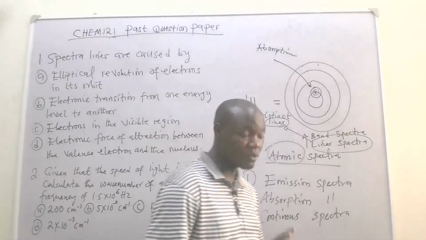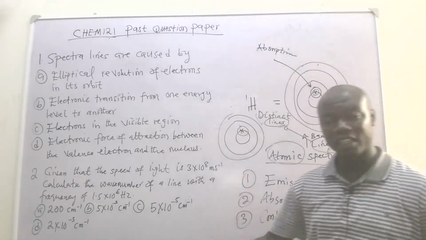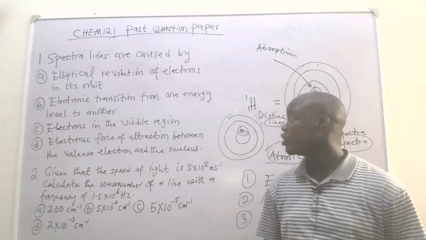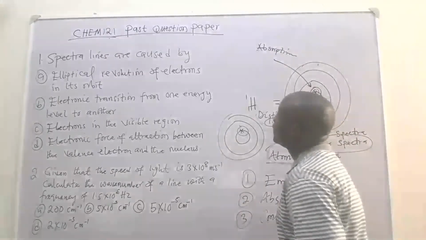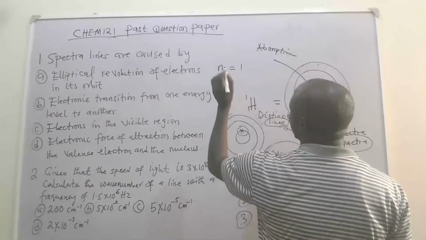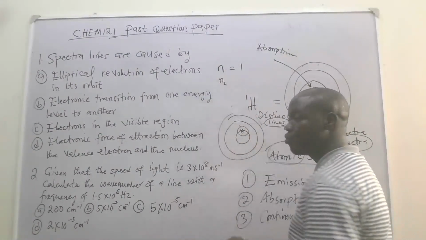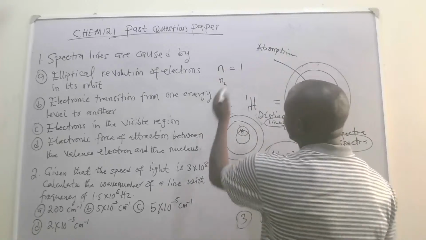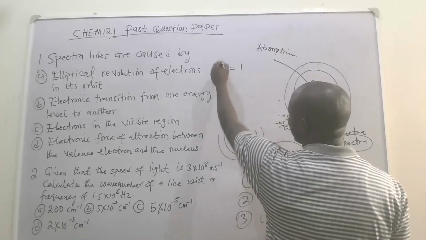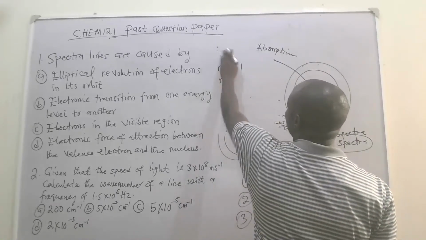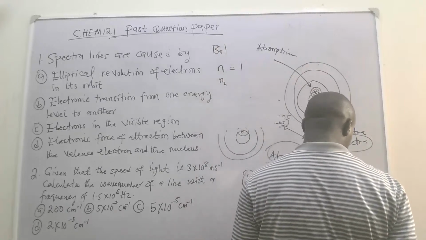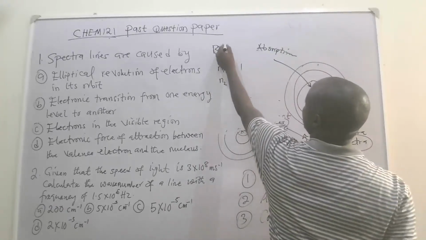And of course, we have different line spectra. We have Balmer series, Lyman series, Paschen series, and Pfund series.